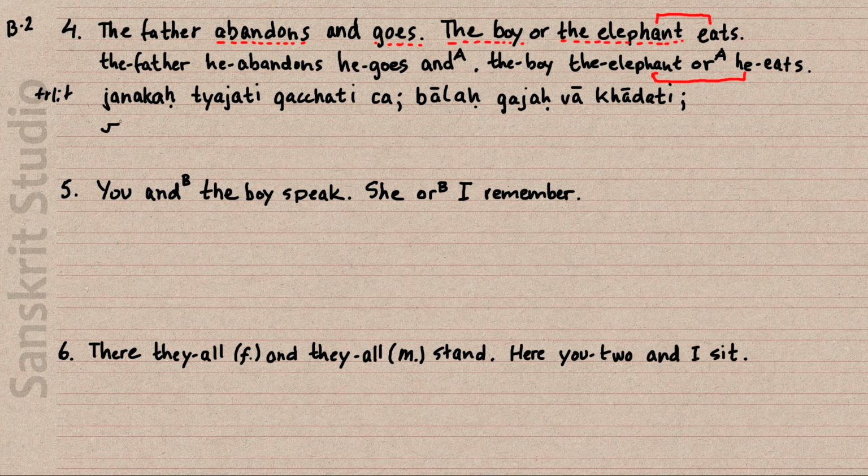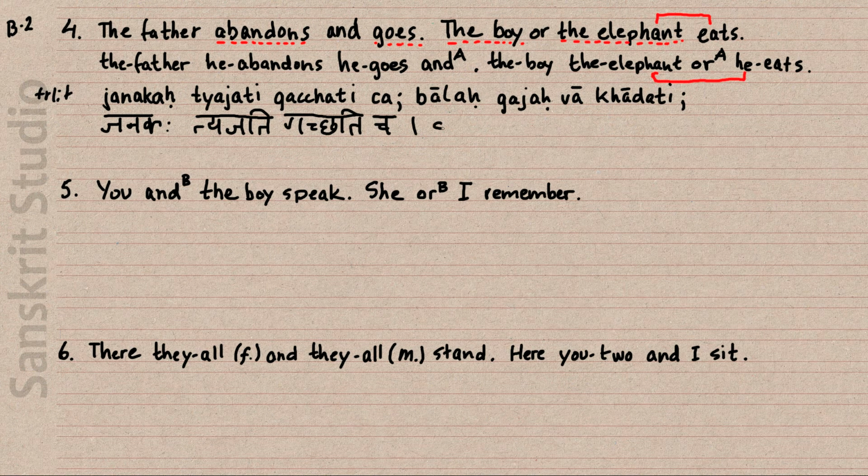And we do our Devanagari here. Janaka, we have a conjunct consonant there. Then we have Jahati. And then we have Gachati here, and a conjunction cha.